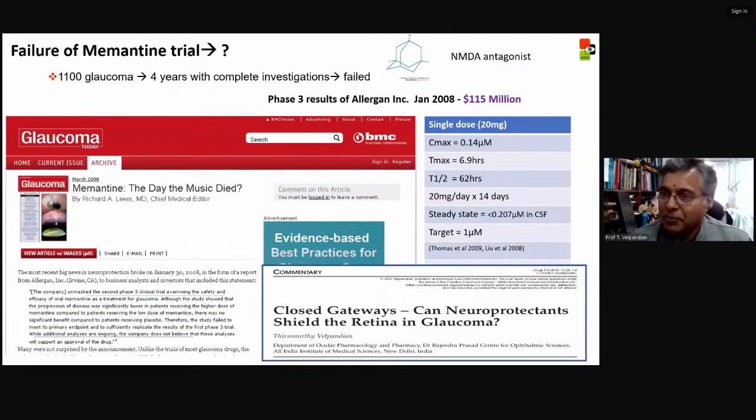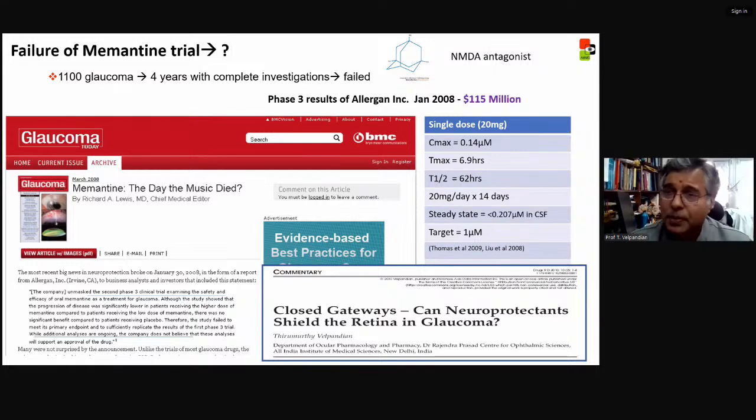The first one which came up in our mind, when we looked into the drug trial of Allergan, was Memantine. Memantine is an excellent drug that has been approved for many neurodegenerative diseases, especially Parkinsonism. The excitatory amino acid pathway has been very much implicated in neurodegenerative diseases, in which glaucoma is something falling inside our interest.